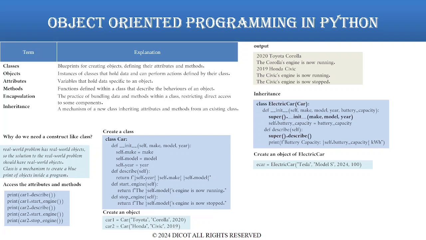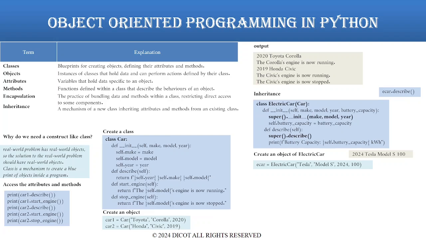To access the attributes and methods of the ElectricCar object, use the variable name followed by a dot, followed by the attribute name or function name, as shown. To see the description of ecar, call ecar.describe. In this case the output is 2024 Tesla Model S 100.